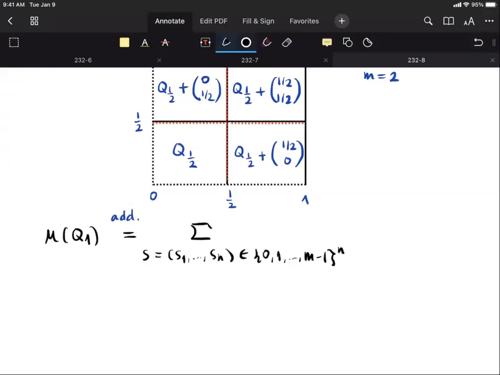So this is the Cartesian product of the set 0, 1 up to m minus 1, n times. So this is mu of q 1 over m plus s over m.